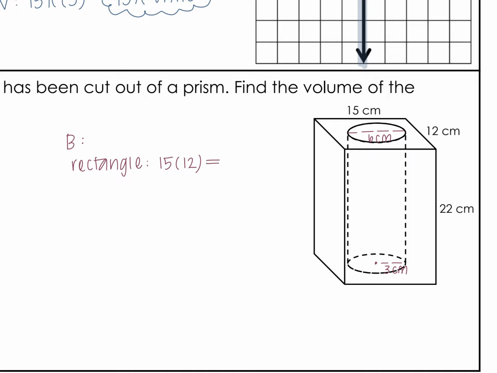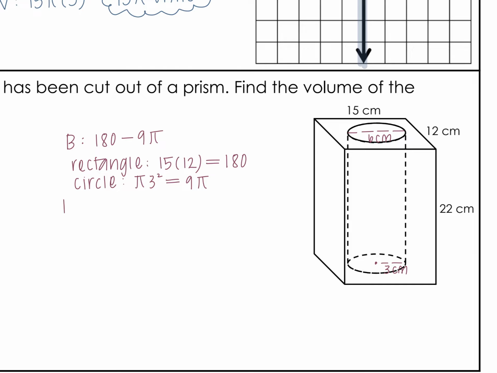That 15 times 12 is just going to give me 180. And then we are going to find the area of the circle that's being cut out of that base, which we said is going to have a radius of 3. So we're going to have pi r squared. So 3 squared is going to give me 9 pi. Therefore, my capital B, my area of the base, is going to be that 180 minus 9 pi.